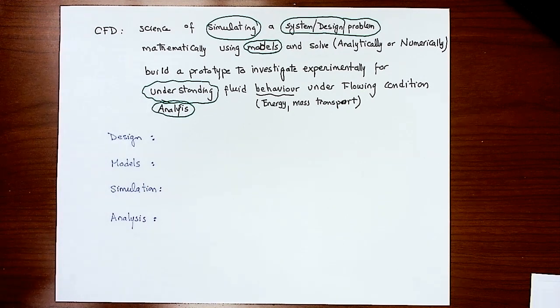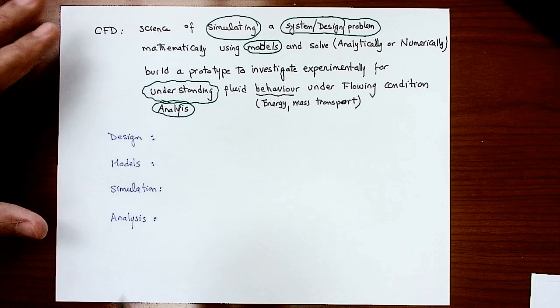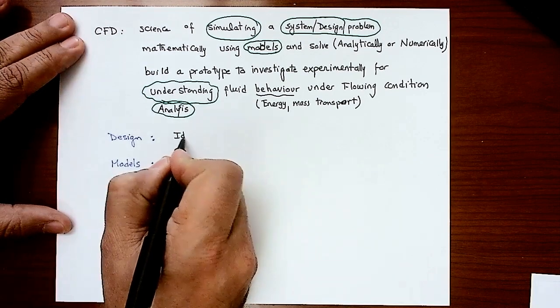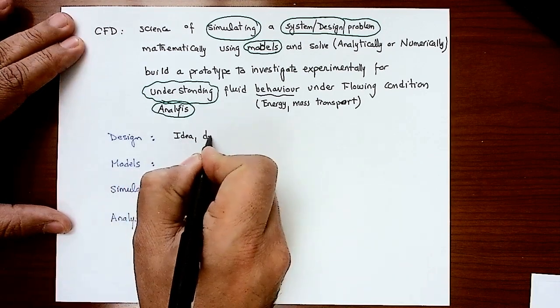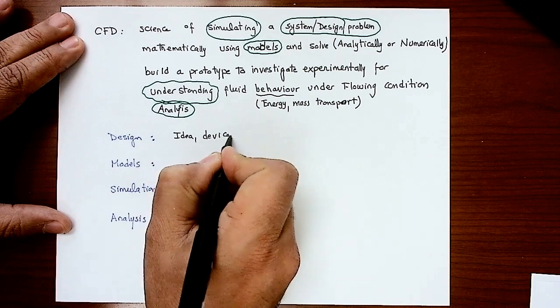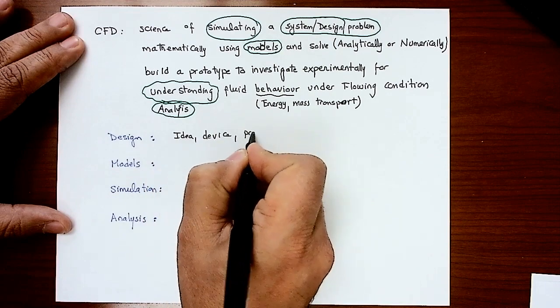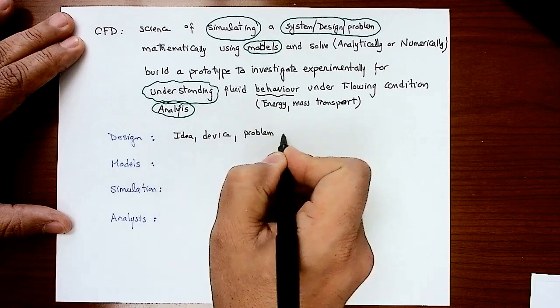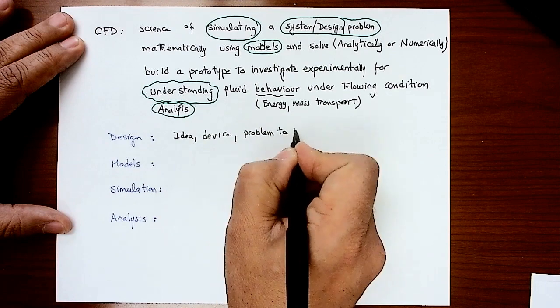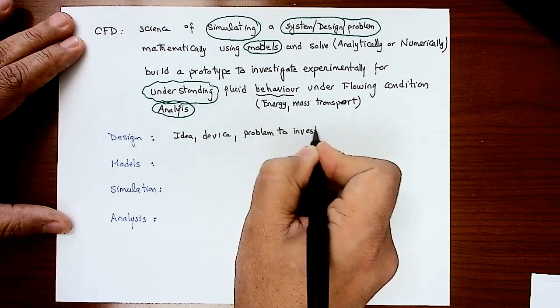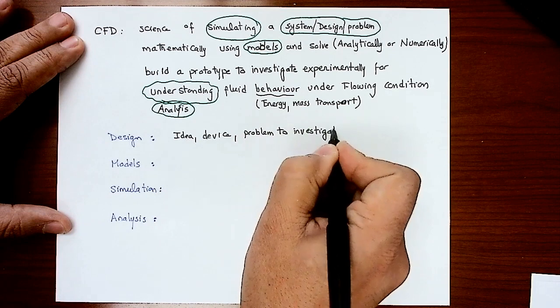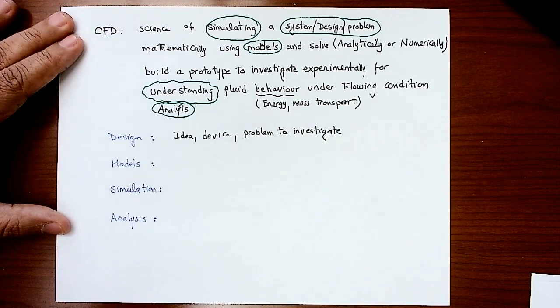So first, what is a design? When we are doing that CFD analysis, again, to simulate a design or a system or a problem, the design in a simple word is an idea, it's a device, or it's a problem you are interested to investigate. This is the definition of the word design.